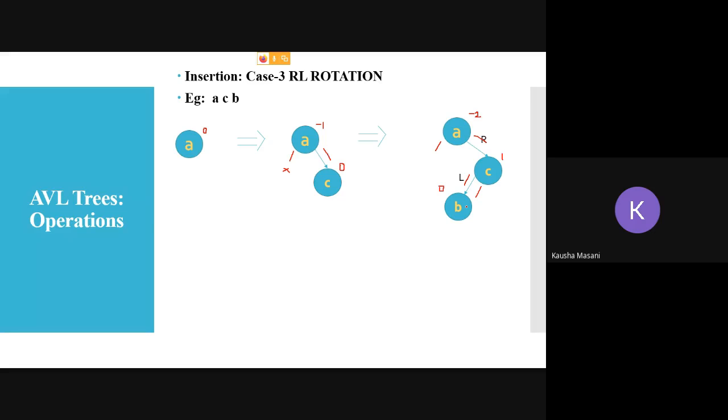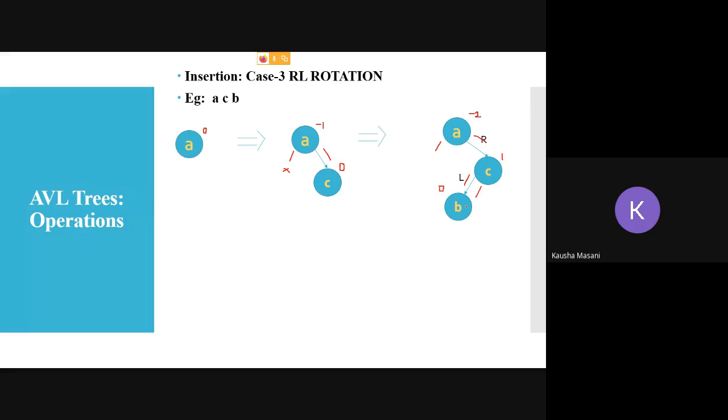Now in order to rebalance this, you have to simplify this whole tree. And in the simplification process, you have to convert this first of all into RR or LL rotation. Okay, because this is the case of RL rotation, you can easily convert this given problem into RR rotation first. Okay, so you are simplifying your problem from complex to a simple problem.